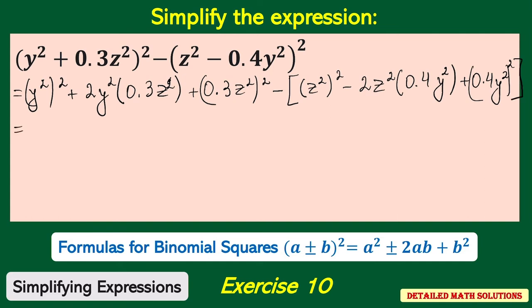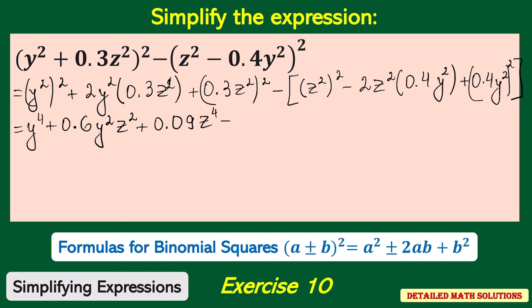When I simplify further, this equals y⁴ + 0.6y²z² + 0.09z⁴. Now, the negative sign will flip the signs of each term within the square parentheses.